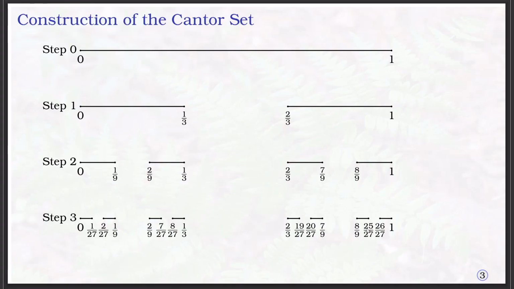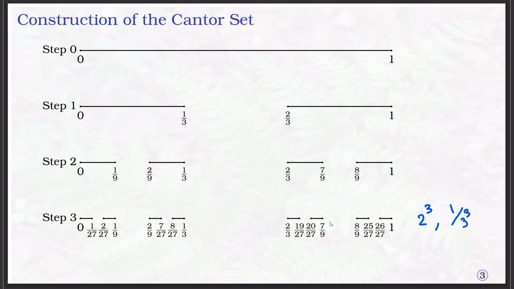Then one gets 8 intervals, that means 2 power 3 intervals, of size 1/3 power 3.